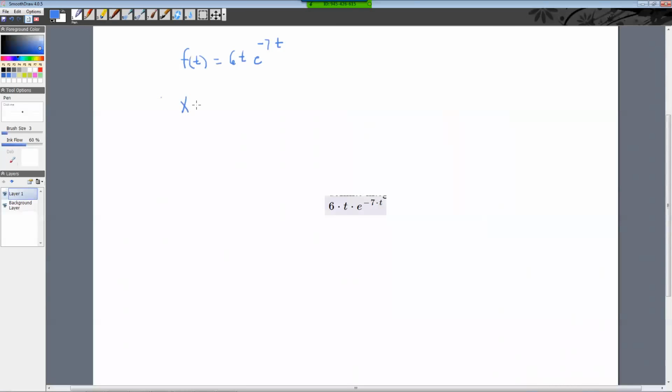All right. And we can just say, the transform of that is the integral from 0 to infinity of f(t) times e to the minus st dt.